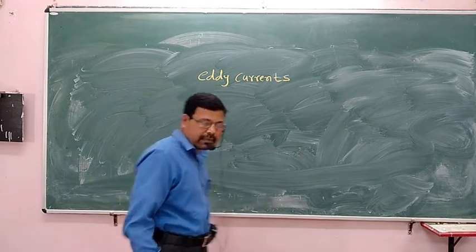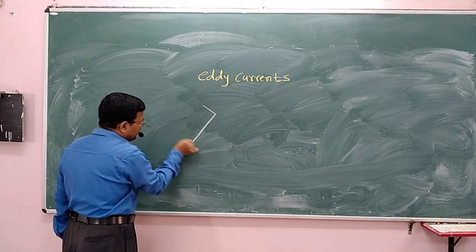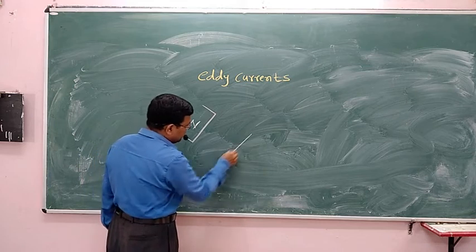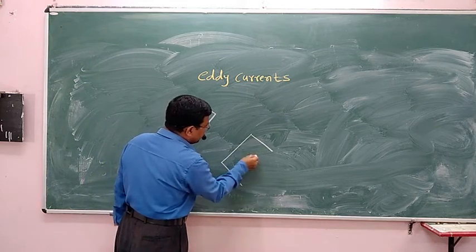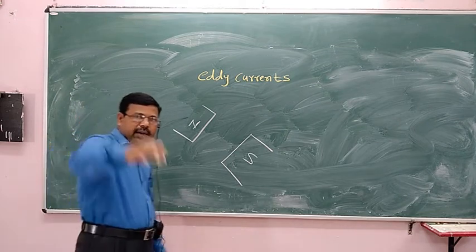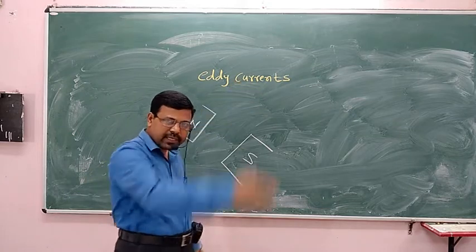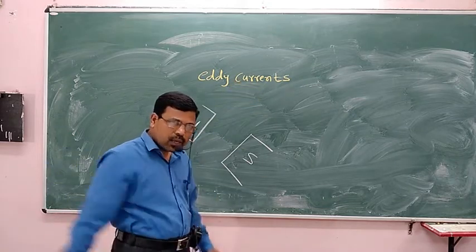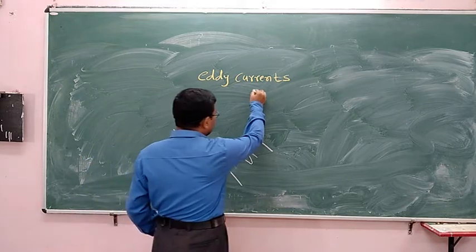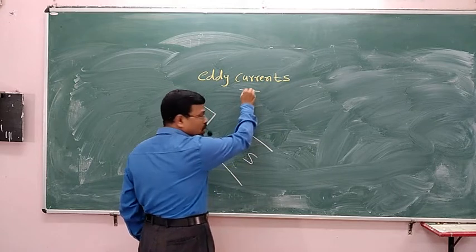Okay, you can see here. Here is the north pole of a magnet, and here is the south pole of a magnet. If a metallic plate is oscillating between the two poles of a magnet, here is a metallic plate which is oscillating.